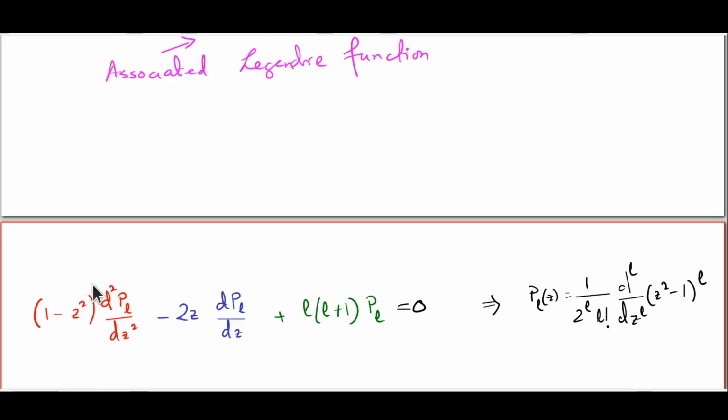Of course, the Leibniz rule tells you that you have to keep on differentiating more and more times. But in this particular case, because the factor 1 minus z squared vanishes when you differentiate it more than twice, the formula just stops there.